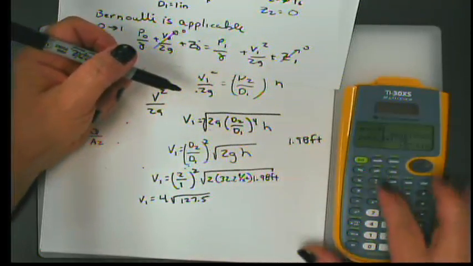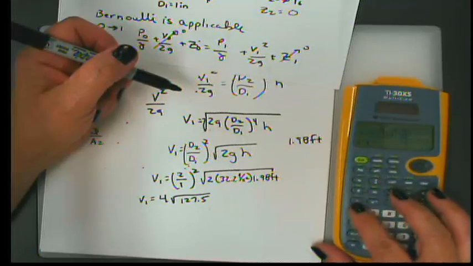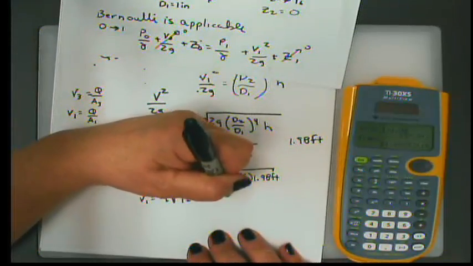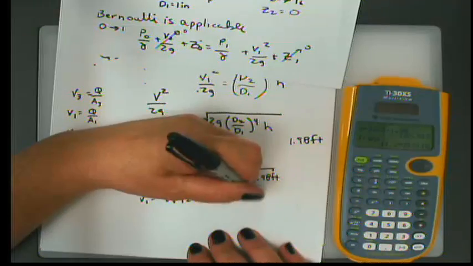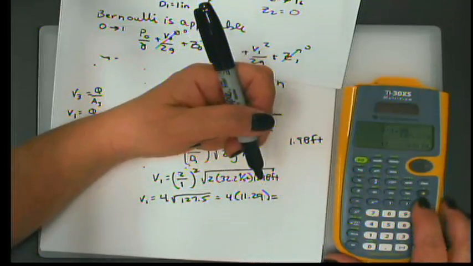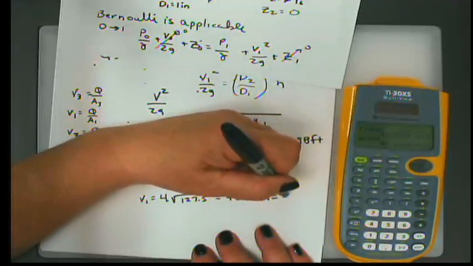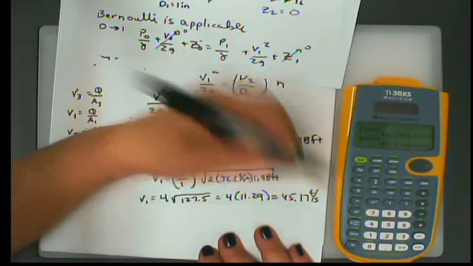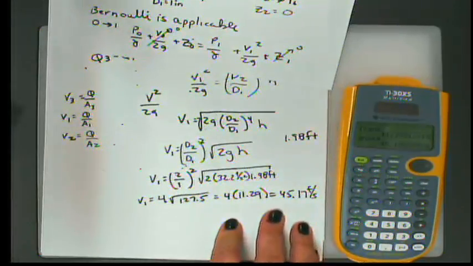And if I find the square root of that, I get 4 times 11.29, which is 45.17 feet per second is my velocity at 1.